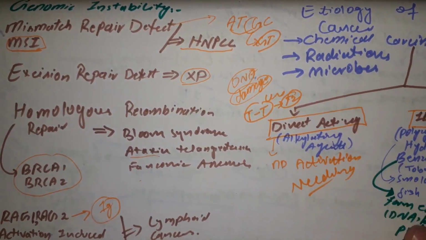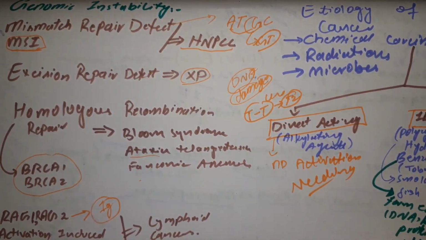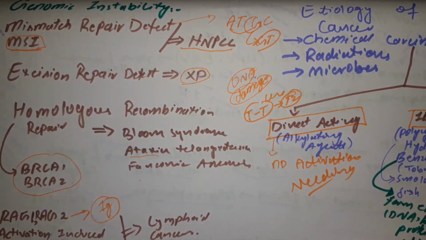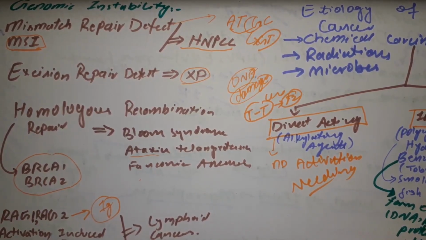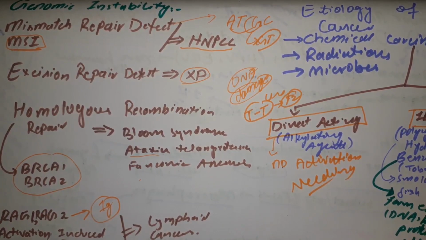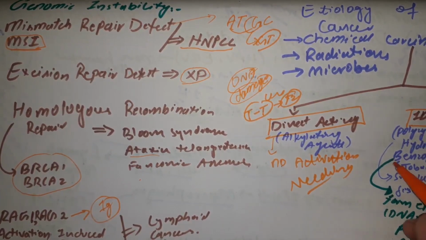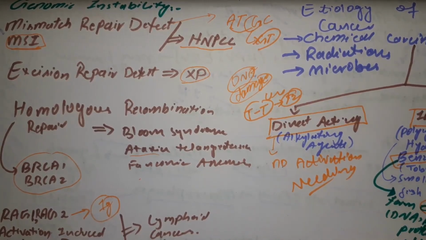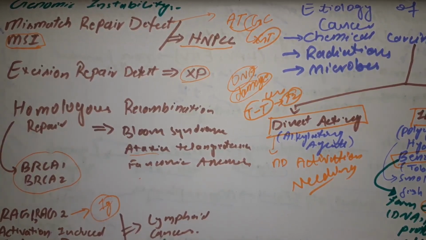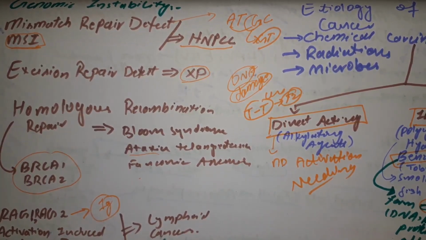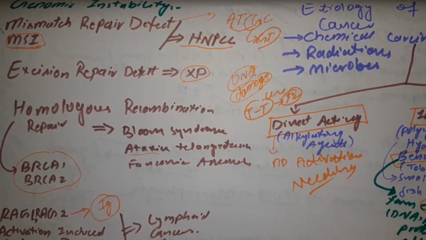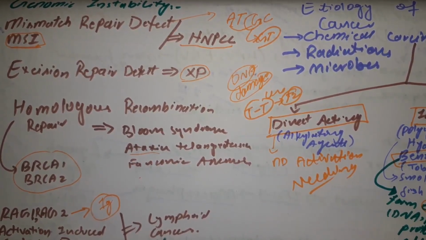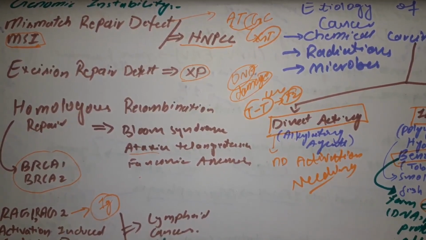Indirectly acting include polycyclic hydrocarbons, which include benzopyrenes, found in tobacco, coal, smoked meat, fish, etc. Benzopyrene is activated and converted to epoxide, which bonds with DNA and forms covalent adducts, and it will lead to mutation and carcinogenesis. Moreover, aromatic amines, including azodyes, for example beta-naphthylamine, which is found in aniline dye as well as the rubber industry, can lead to bladder carcinoma.